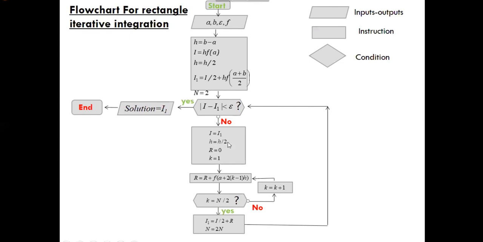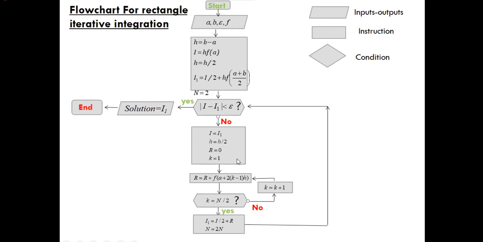Okay, you divide h by 2, so h becomes h over 2. Here r equals 0, r is for calculating the sum on the odd terms. And here k equals 1.